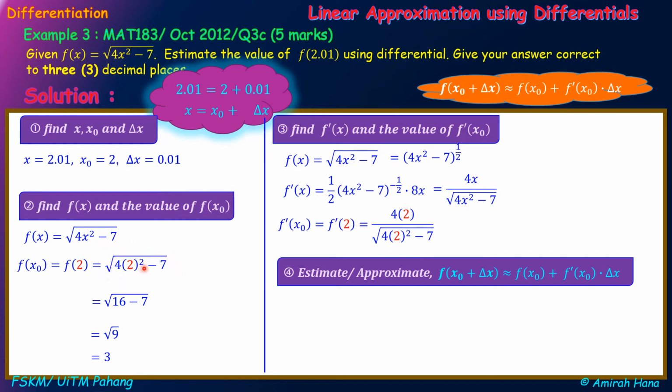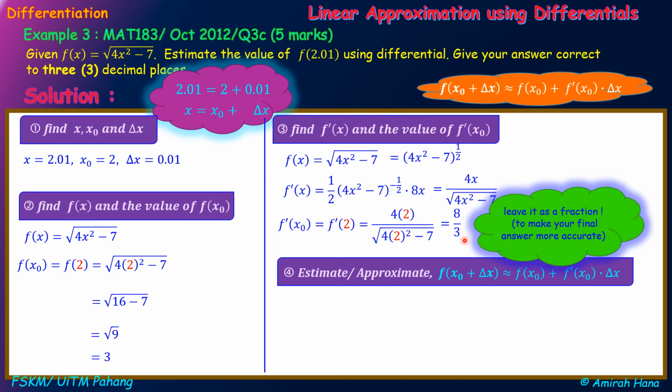So for a quick answer, we can choose this 3 from the denominator, which is exactly f of x naught from step 2. 4 times 2 equals 8, and the denominator equals 3. So now our f prime x naught equals 8 over 3.